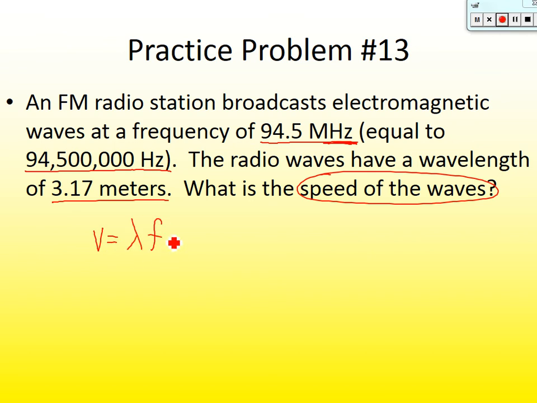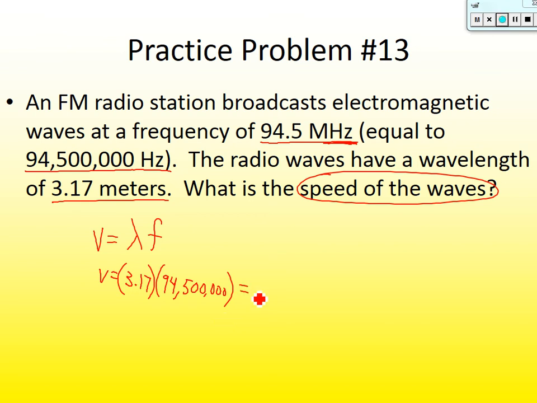And plug in. What was the wavelength, guys? 3.17. What was the frequency of these radio waves? 94,500,000. Okay, when you put that in your calculator, you're going to get a number very close.